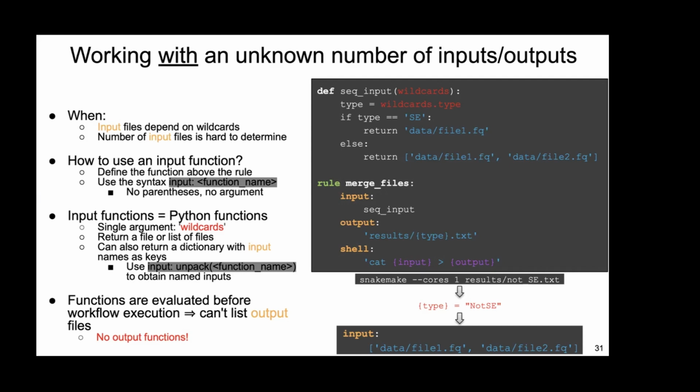So to the first question, I would say no, because the rules that are going to be run or not are based on how the DAG is resolved. So even if the DAG resolves that a rule needs to be run, I don't think you can tell it to not run this rule. I don't think that is possible.